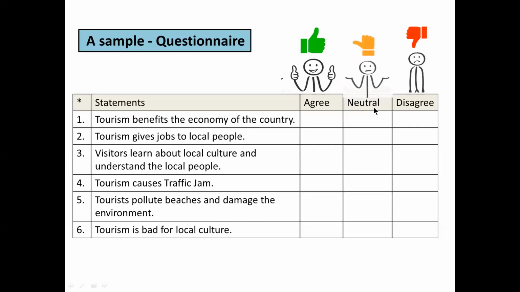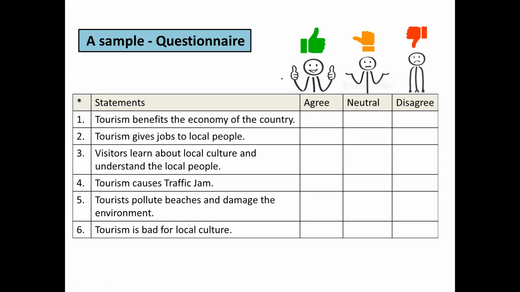What's neutral? Neutral means I don't agree, I don't disagree. I neither agree nor disagree. I don't have an opinion, or I don't want to say an opinion. So you're going to give 3 options in your questionnaire. 6 statements, 3 options. That's it.